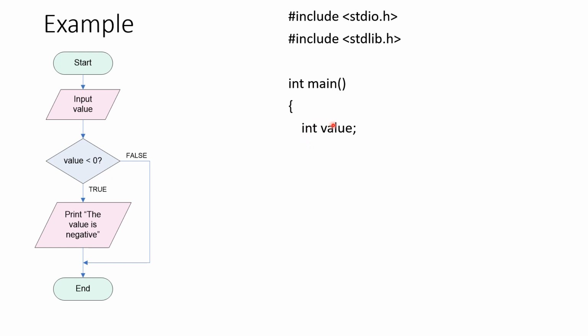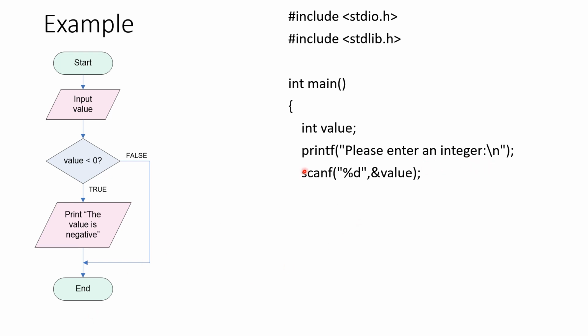In this case, let's just make it an integer, and we name it the same as the flowchart, letak nama dia sama, value. We ask the user to please enter an integer, and then we scan or read the value, nombor yang user masukkan kita baca, and we put it inside this variable value.